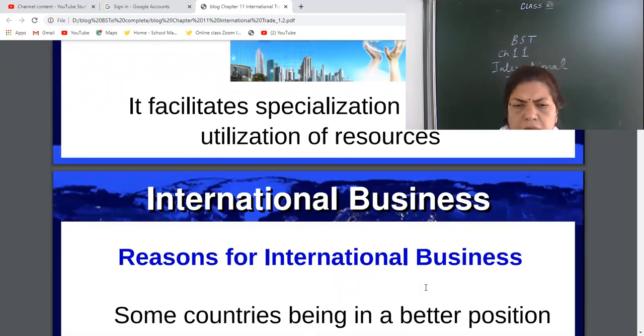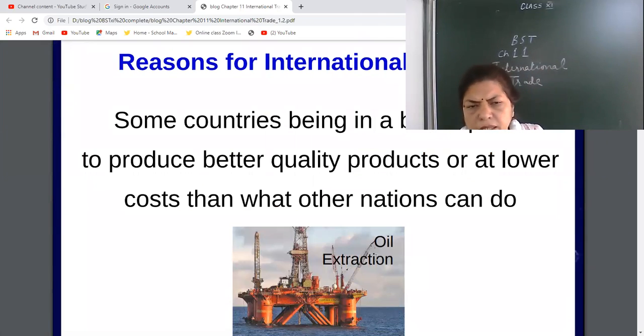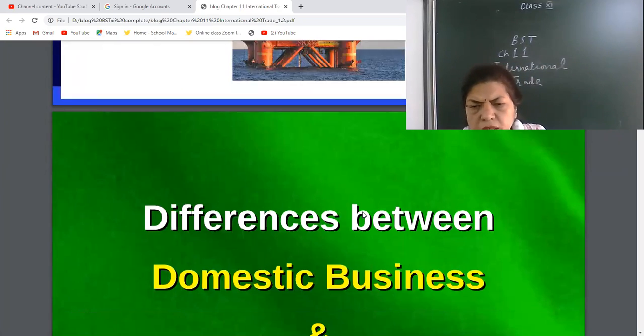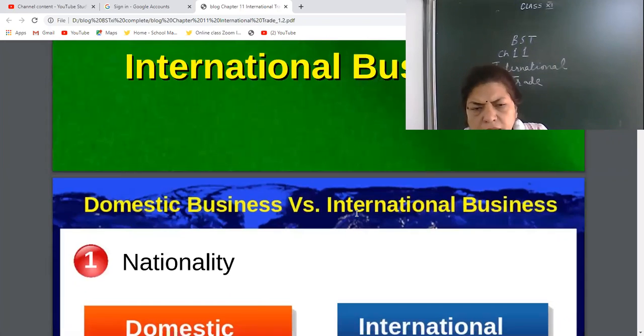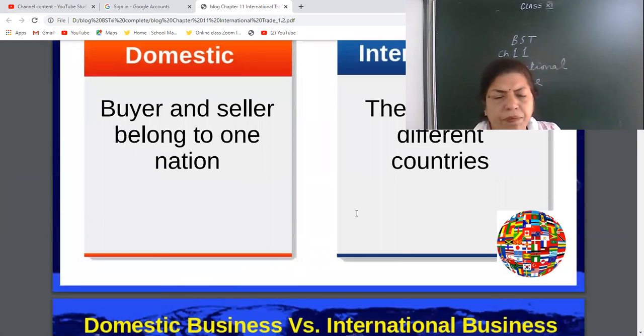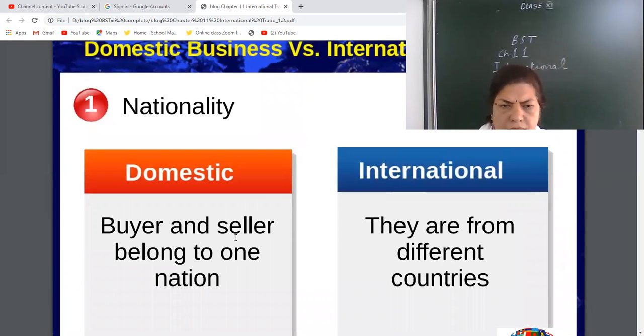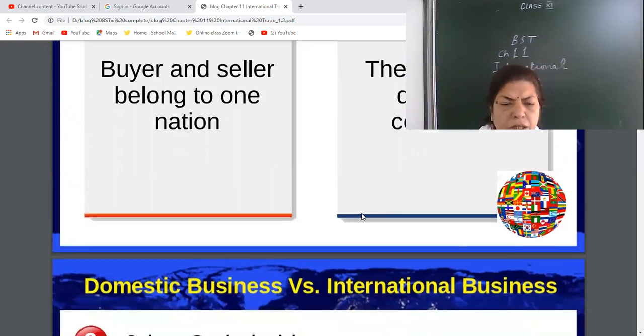Now, the reason for international business is we can get better quality products. There are various reasons. Buyer and seller nationality: same nation, different nation.